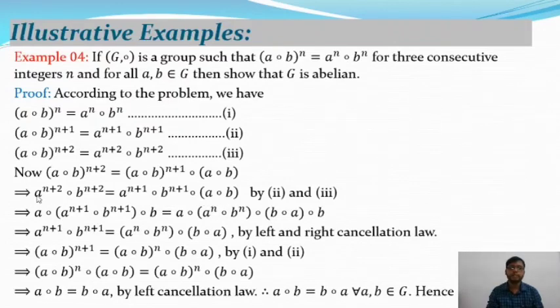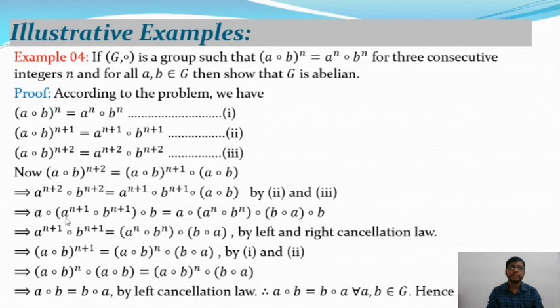So the above equation implies a ∘ a^(n+1) equals a^(n+2), as well as b^(n+2) equals b^(n+1) ∘ b, and then applying the associative property we get this.